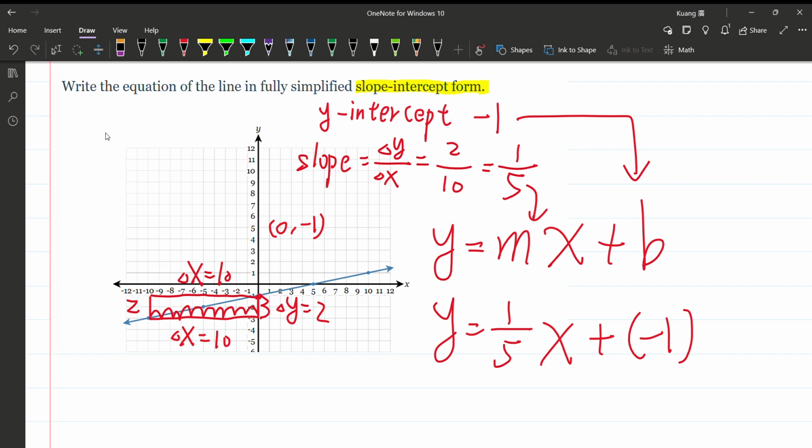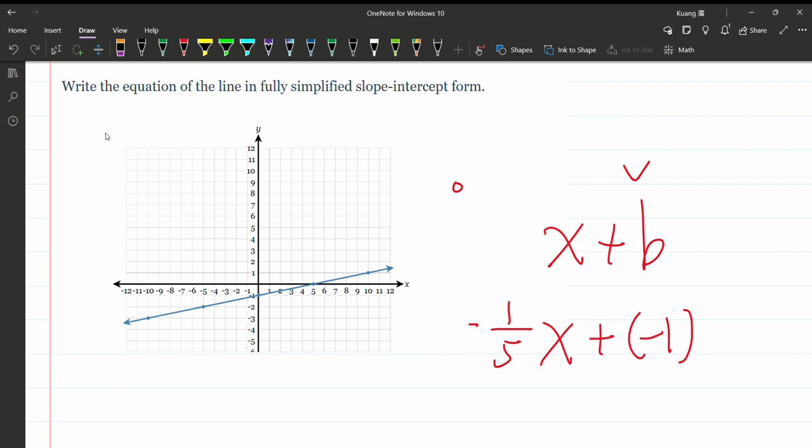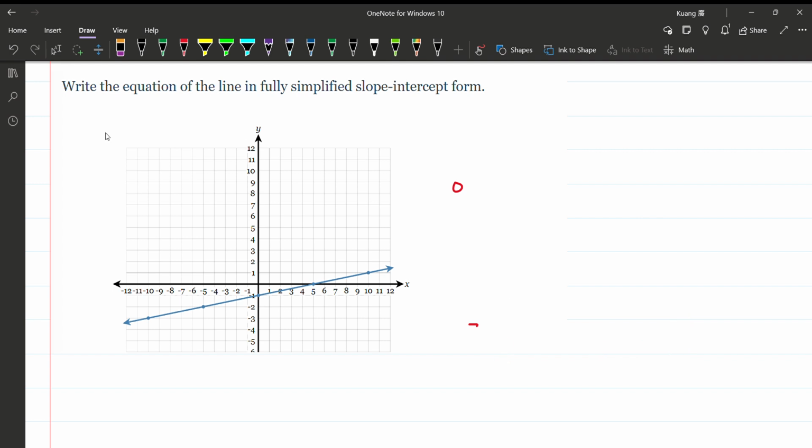Okay, sometimes you don't have the y-intercept, or it's difficult for you to find the y-intercept. How can we do this? We have another way. We found two points. That would be (-5, -2) and maybe this one, (5, 0). We find the slope first.